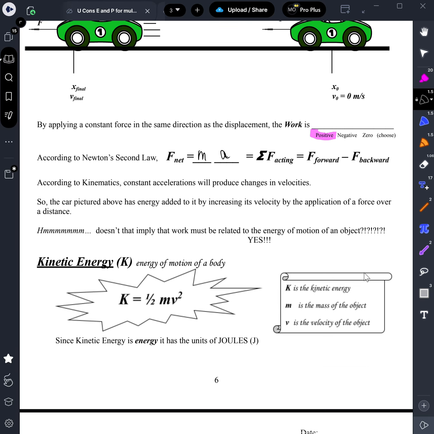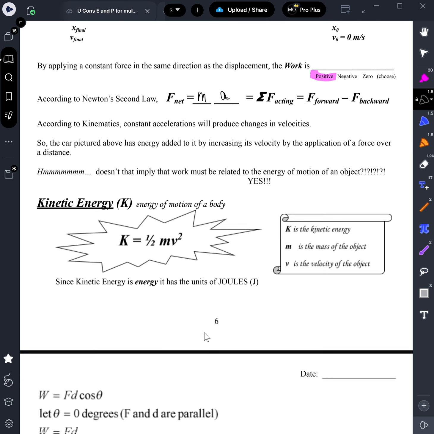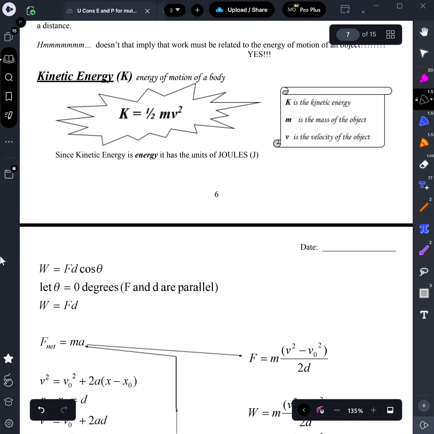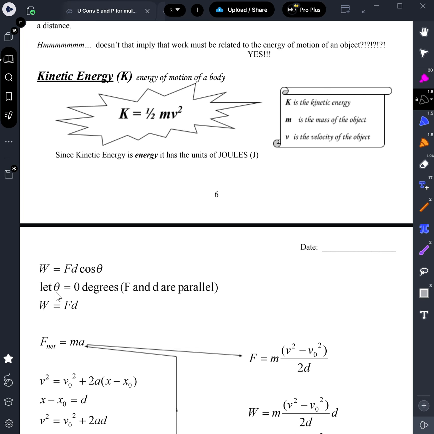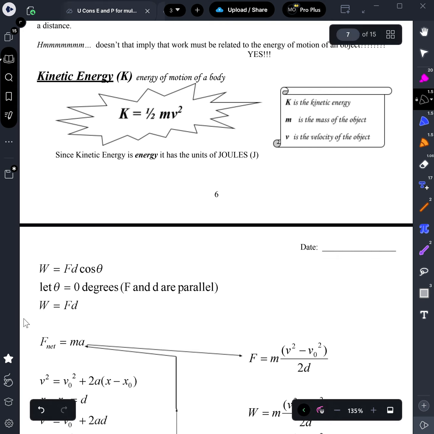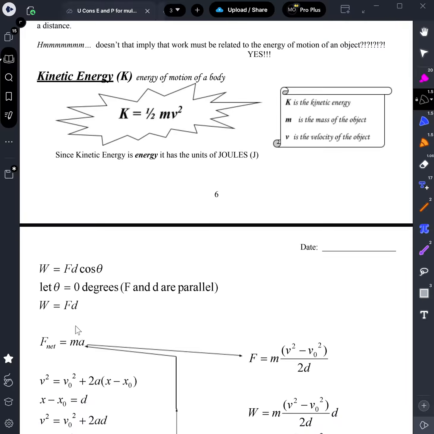Reminder, kinetic energy is 1/2 mv squared and is the energy of motion. Then we can use that work is F d cosine theta. For our case, we're just going to let theta be equal to 0 degrees, meaning the force and displacement are parallel. So we can simplify to saying work is equal to F times d.